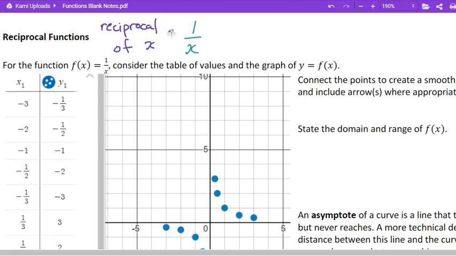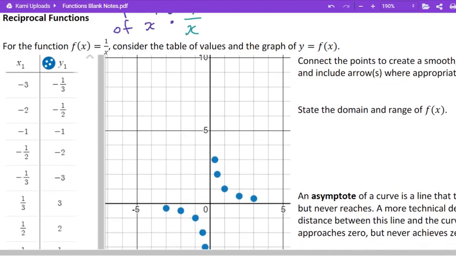Right, reciprocal of x is 1 over x. So we introduce a function called the reciprocal function. And it is not the opposite of a linear function, because as you can see from these dots, it actually has two parts to it. So the way that we figure out this function is we start taking some inputs.